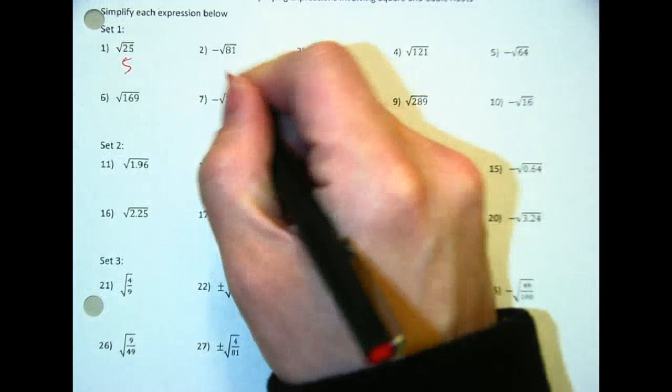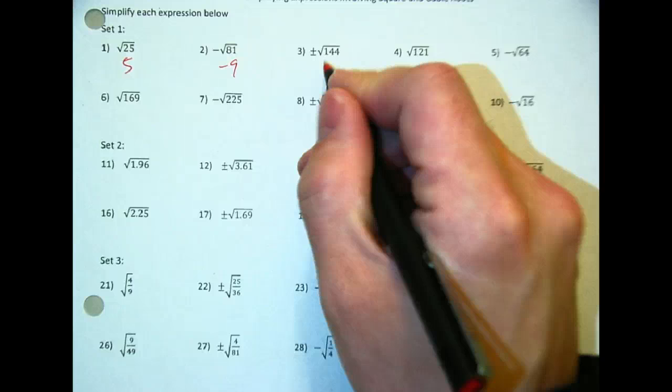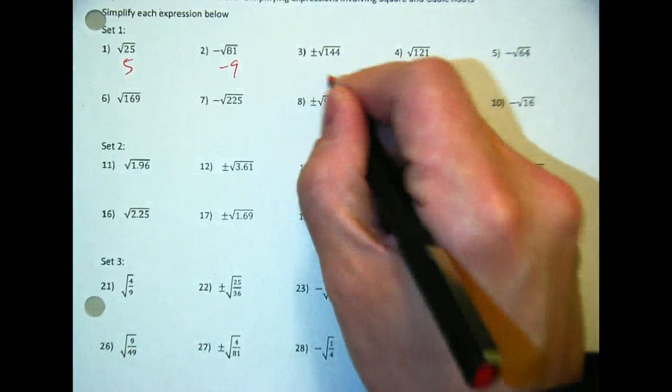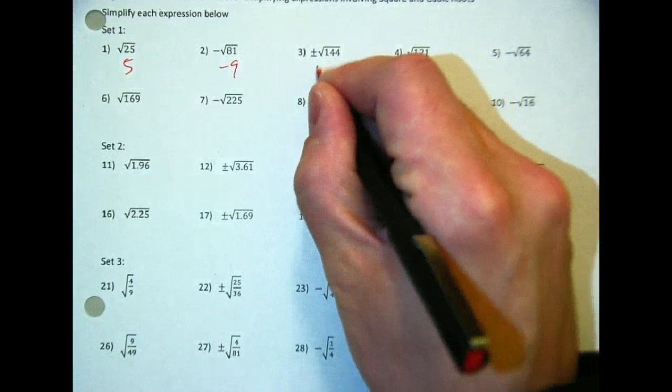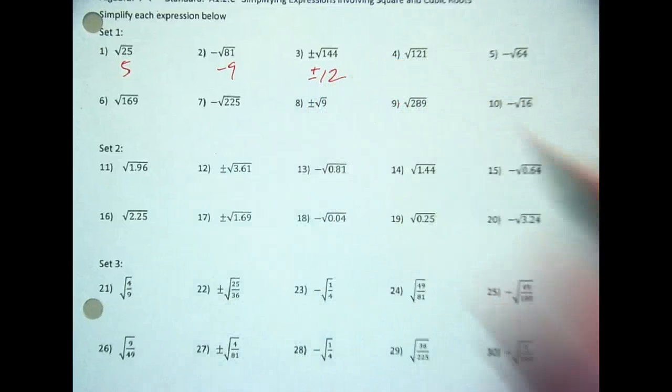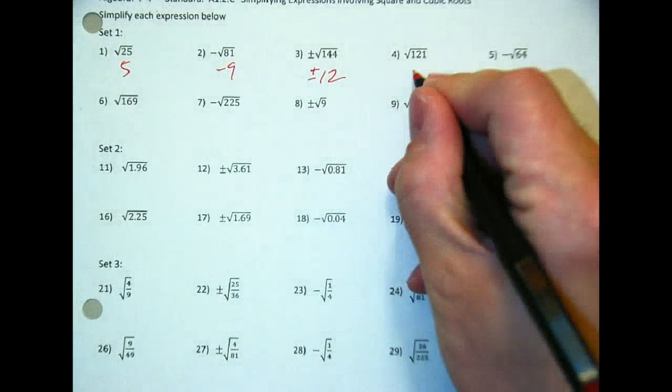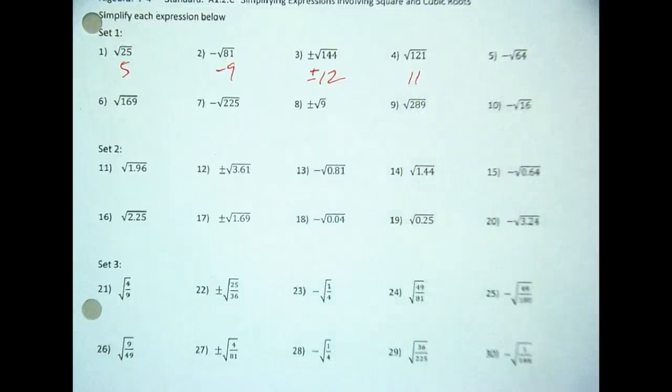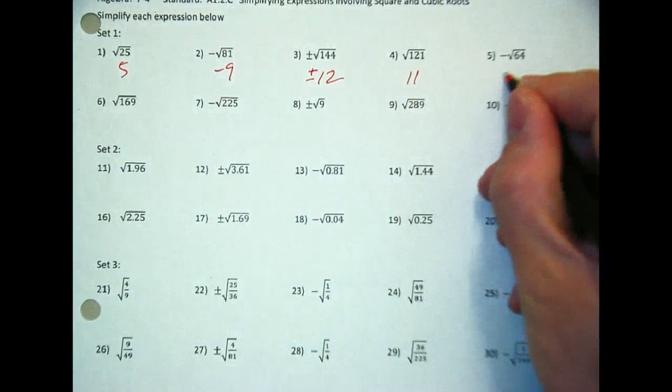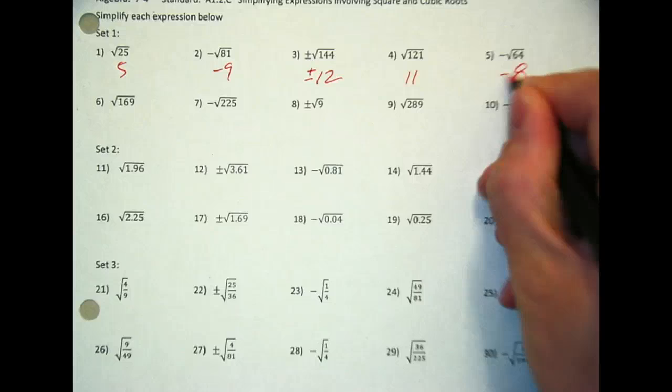All right, here we go. Number 1, Bobby. 5. Number 2, Keegan. -9. Number 3, Caden. Is it positive or -12? Plus minus 12. Good. Number 4, Mackenzie. 11. Number 5, Chelsea. 8. Almost. -8. Good.